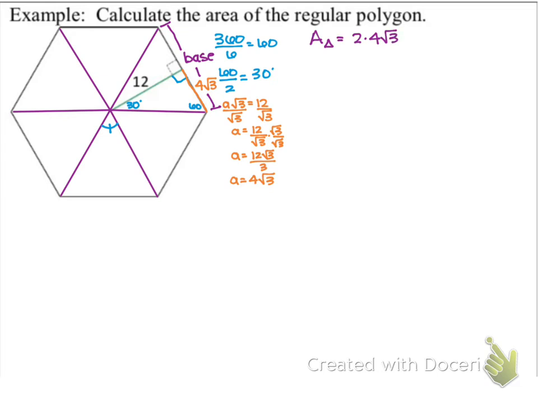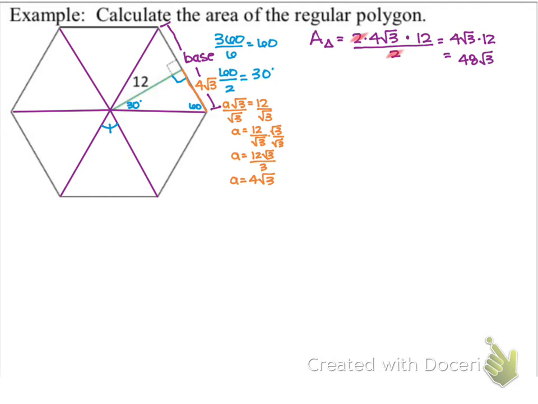So that's the base, times the height, which is the apothem. That is where the perpendicular happens. So the apothem here is going to be 12 divided by 2. Notice that the 2's cancel again. This will always happen, which is really nice. So this is going to give me 4 root 3 times 12. Well, that is 48 root 3.